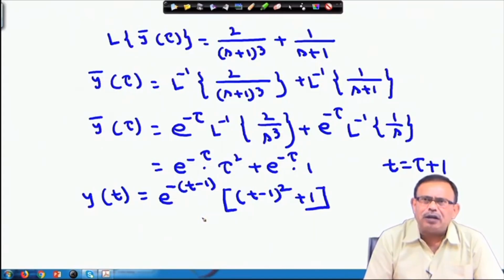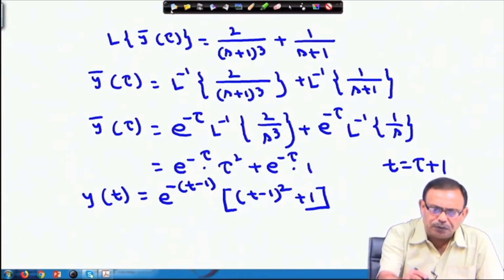The other is where the values of y and y naught are not provided at t equals 0, but at some other value. Then by changing the scale of t, I can bring in a new parameter and find the solution by using the conditions of y bar 0 or y dash bar 0.